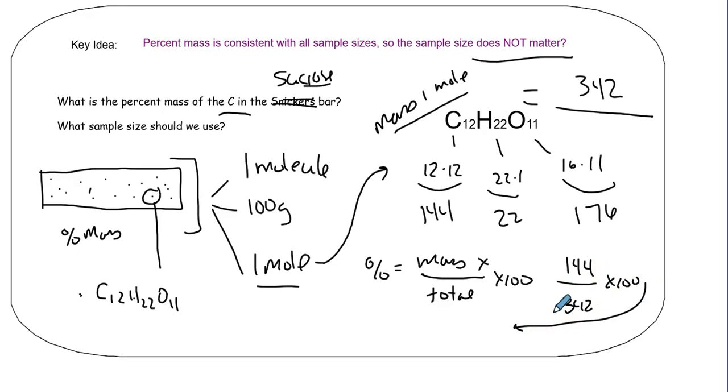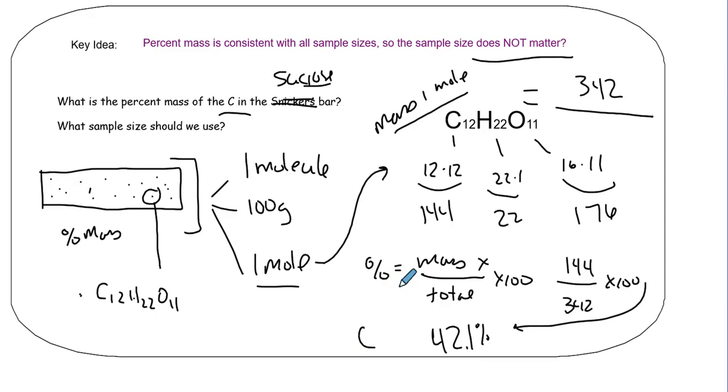I'm guessing not, because 150 is half of 300, so not quite half. So 144 divided by 342 is 42.1%. So 42.1% carbon in sucrose.